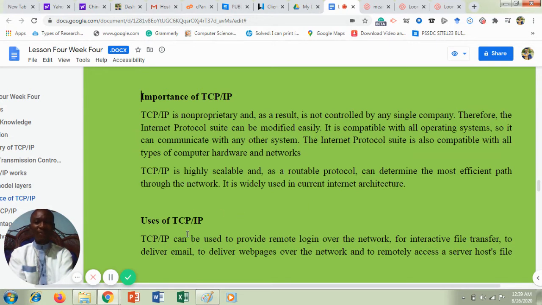What are the uses? It can be used to provide remote login over the network. If you don't have TCP/IP, you might not be able to log on to the e-learning platform.